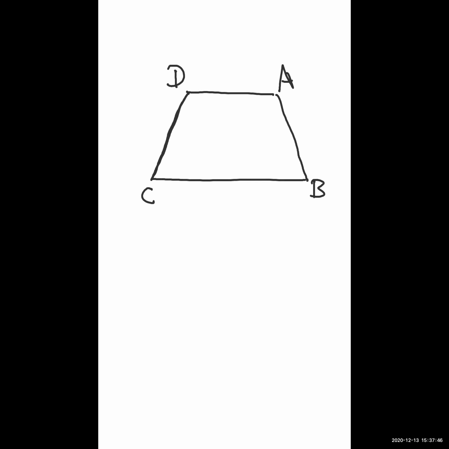Or double, I mean 2AD. So for ABCD, I will draw it like this. A, B, and then C and D. This is the trapezium. Of course, AD is parallel to BC.